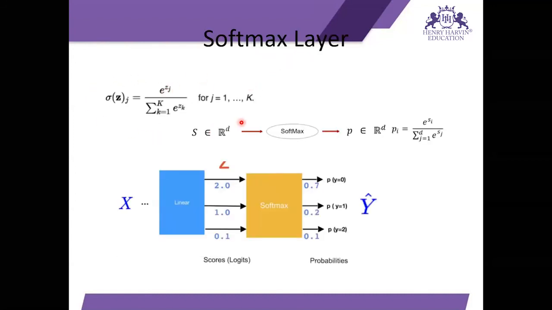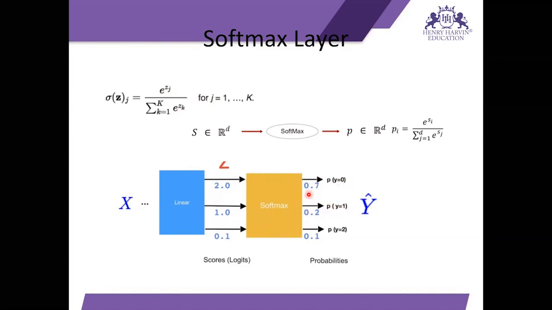So you can see the expression over here. While building a network for a multi-class problem, the output layer would have as many neurons as the number of classes in the target. Say for example, 2, 1 and 0.1. Now when you apply the softmax function, what happens here? e power 2 divided by e power 2 plus e power 1 plus e power 0.1, so that the output is equal to 0.7.